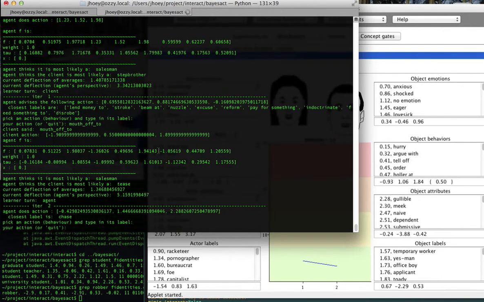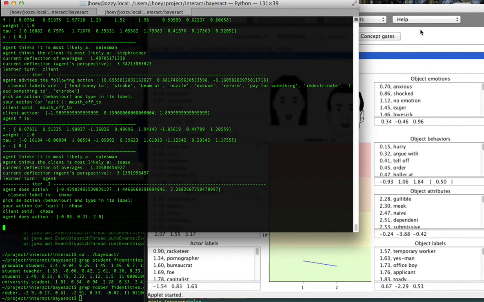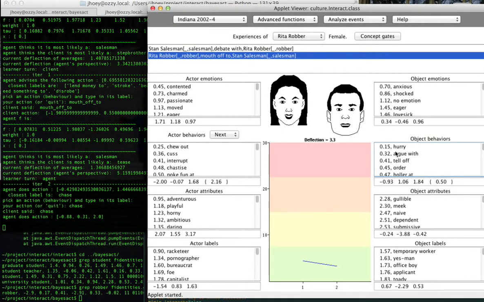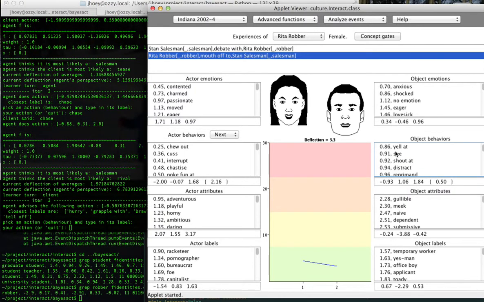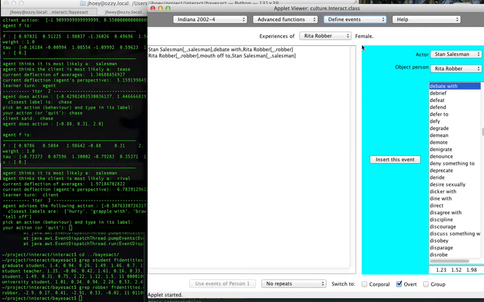He immediately figures out that she's a bit more negative than he thought originally and a bit more active. So his response to this will be to chase Rita the robber. So he will chase her, and we'll go down here. He's got a chaser, which I don't see immediately in this list. So I'll go back to define events. I will find chase and put it in.